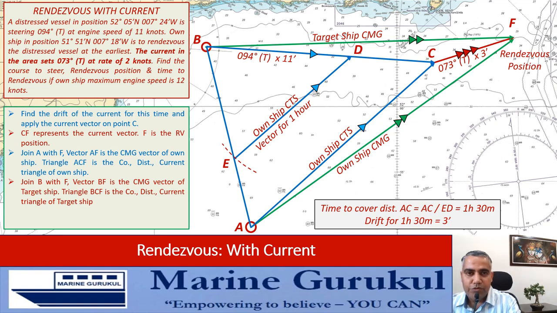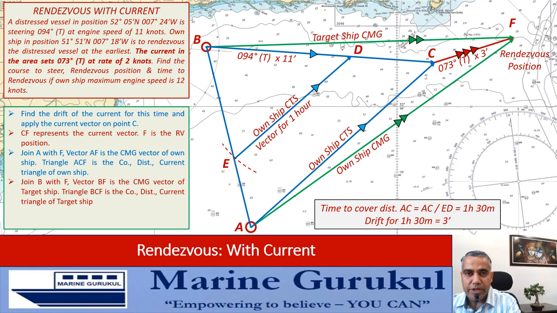The direction of vector AC, Alpha Charlie, or the direction of vector ED, Echo Delta, both are the same, both are parallel to each other. This gives us the course to steer by own ship to rendezvous with the target ship. We can now read off the CTS using a parallel ruler and the nearest compass rose.